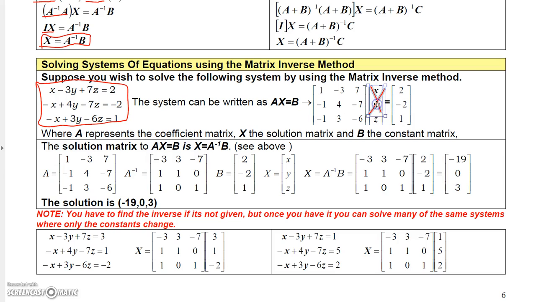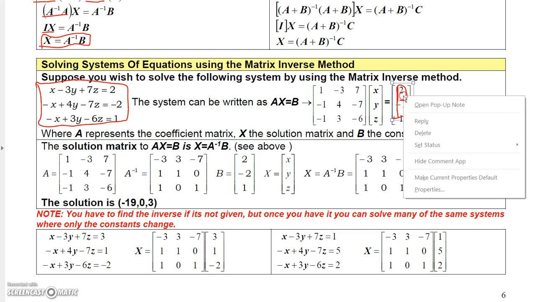Now I have an equation here, AX equals, and these are my constants. This is B. So I've got the equation AX equals B, right?